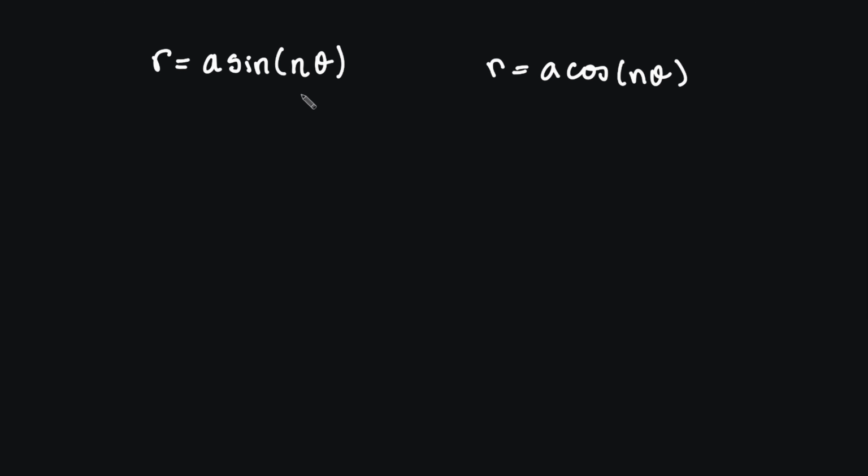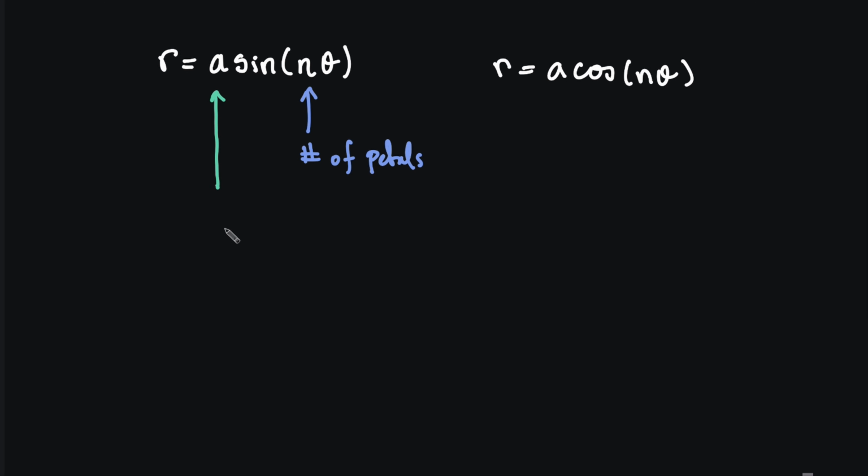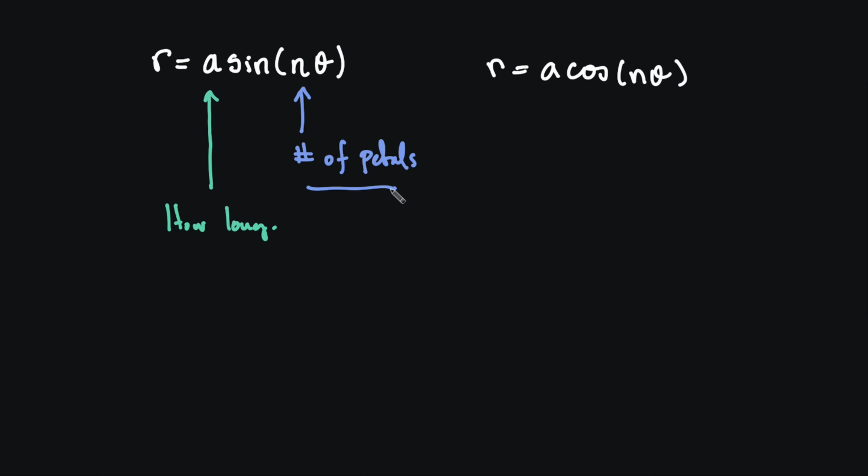This n is going to give us the number of leaves on that rose, so this will be the number of petals. And this a is going to tell us how long the rose is going to be. All right, this information is going to be really useful.